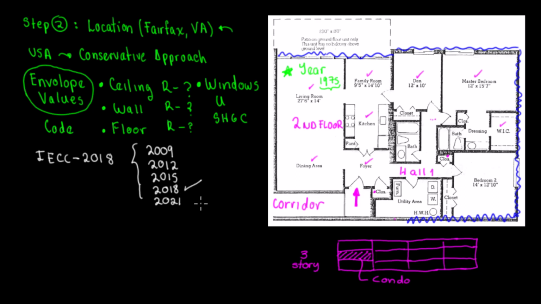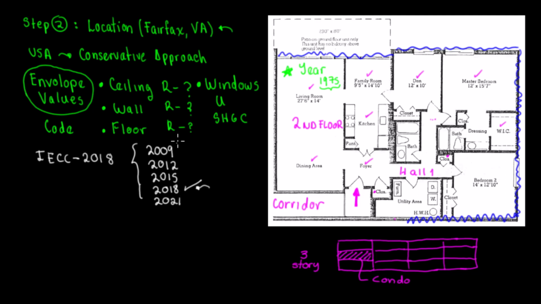But there is an issue with that because this house is existing. This condominium is already built. It's not a new construction. If this were a new construction, you would have to apply the minimum insulation values of 2018. The R values in the table that you're gonna find in this code, you have to comply at least with those R values, where you need a higher number of insulation, or R value.